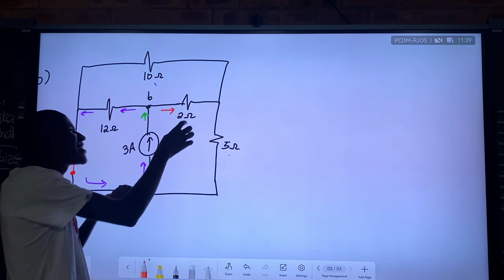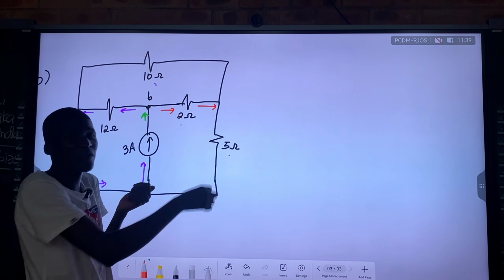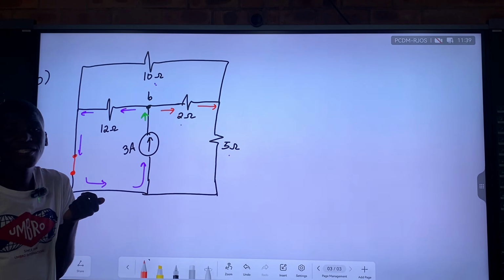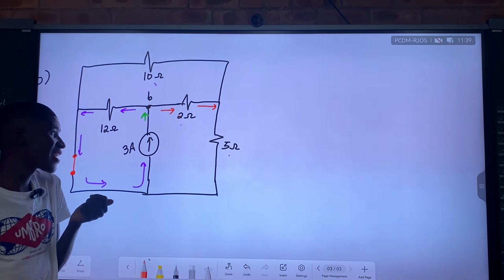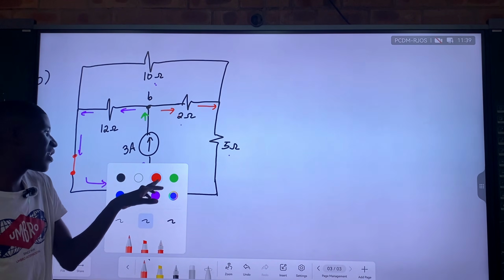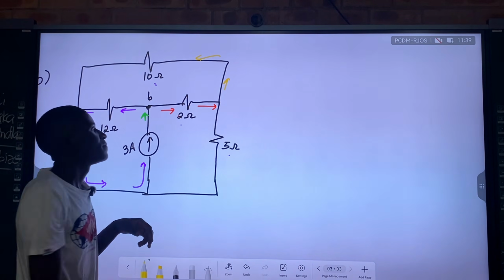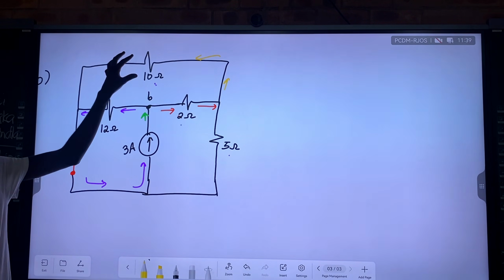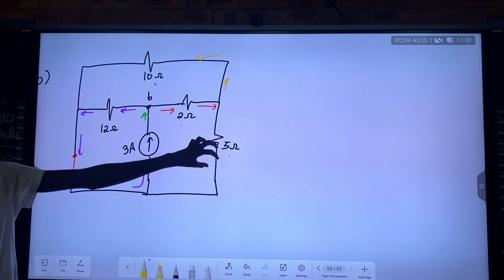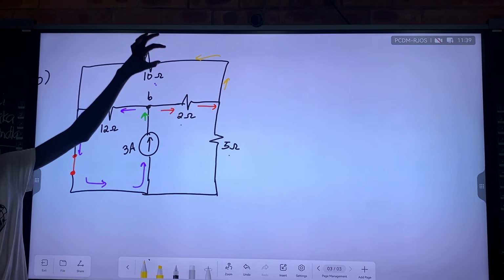But if we trace our current, when it arrives here it will split again at the 2. Do you see that? Yes, it's going to split for the second time. Some of the current goes to the 10 ohms resistor, and less will go this way because on the other side we have the 2 and the 5. So more will come here, less will go there.